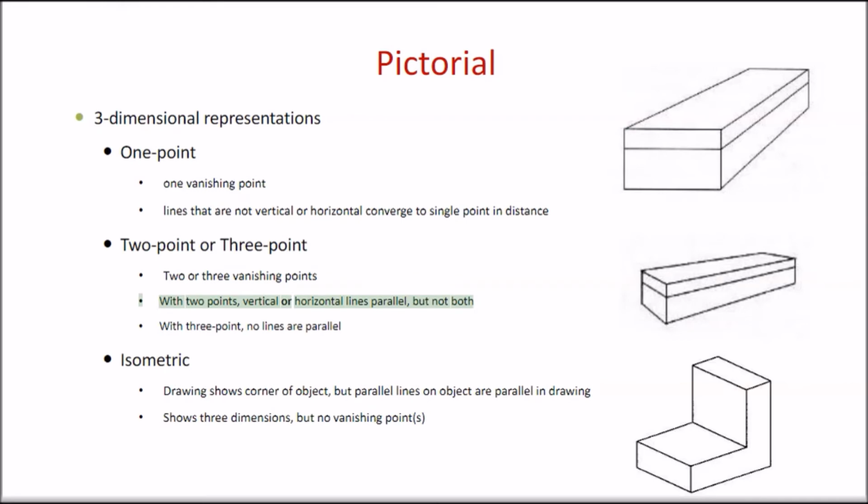With 2 points, vertical or horizontal lines are parallel, but not both. With 3 point, no lines are parallel.